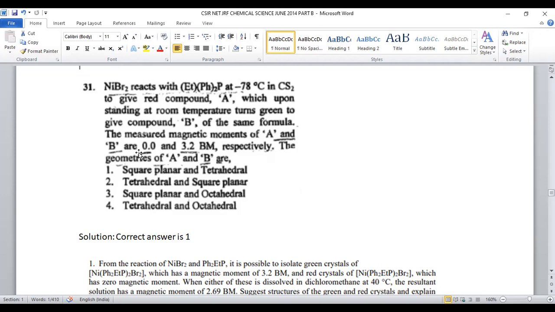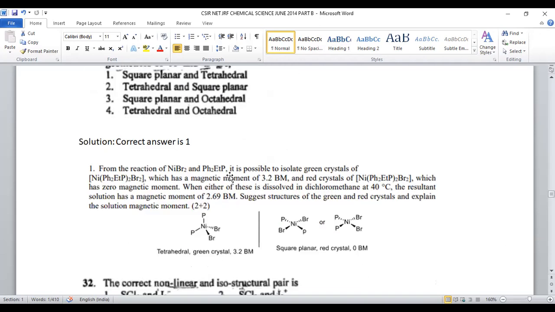Zero Bohr magnetons corresponds to square planar geometry. 3.2 corresponds to tetrahedral geometry. So compound A will be square planar, and after some time it slowly transforms into tetrahedral geometry, so that its magnetic moment shifts to 3.2 Bohr magnetons.